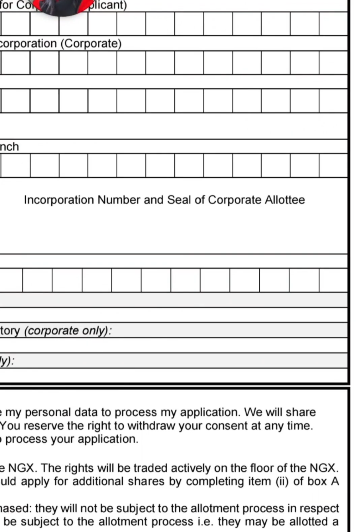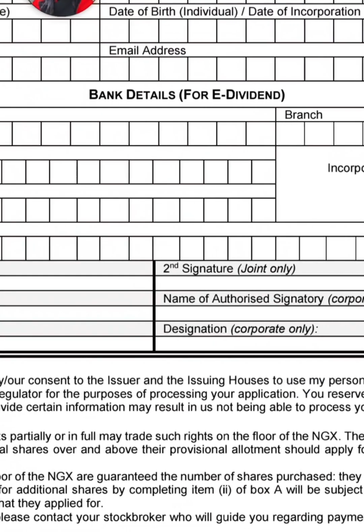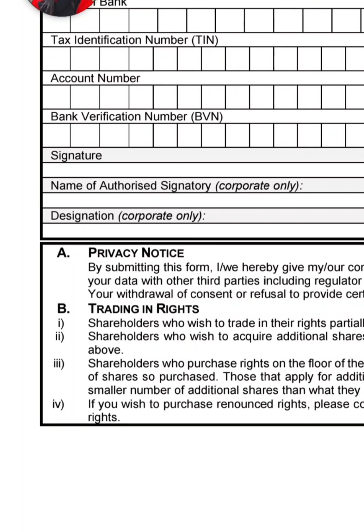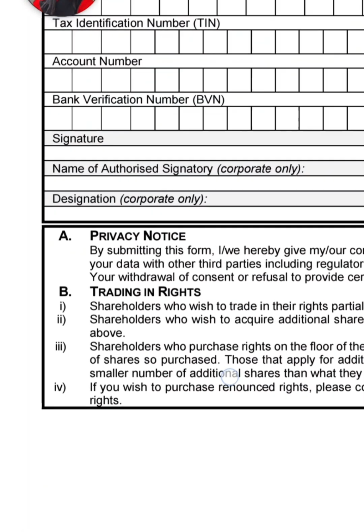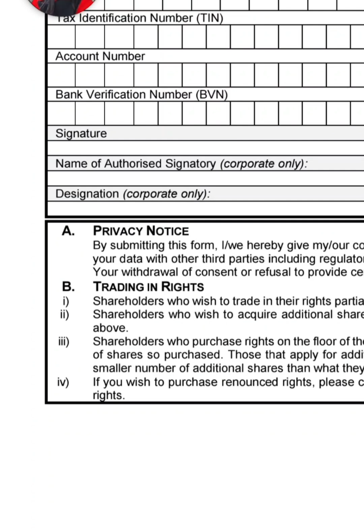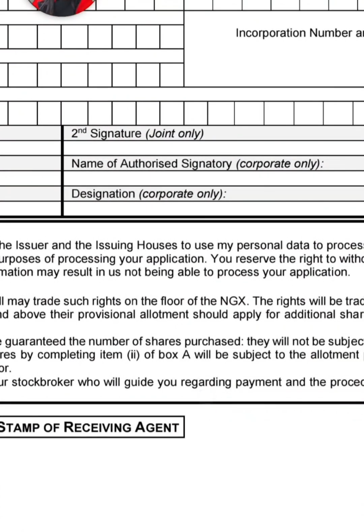If you're a company, do your incorporation number and seal of corporate allottee. And then if you're a company, have an authorized signatory sign, or someone that you're designating to sign. If this is a joint account, there has to be a second signature and then an authorized signatory if you're a corporation, or a designee if you're also a corporation.